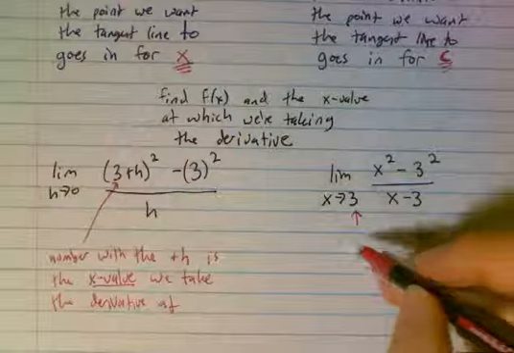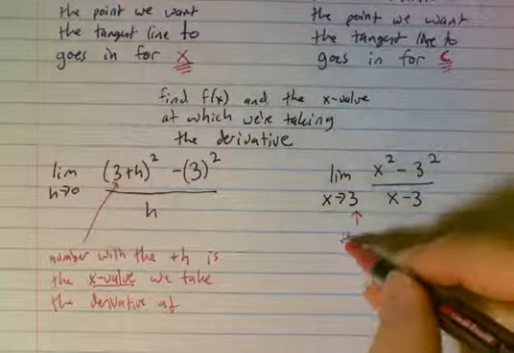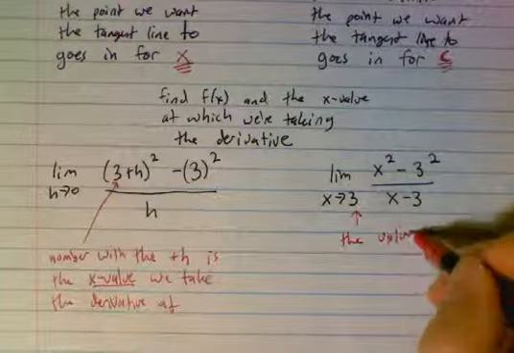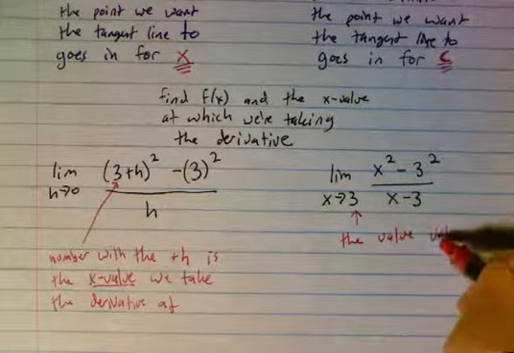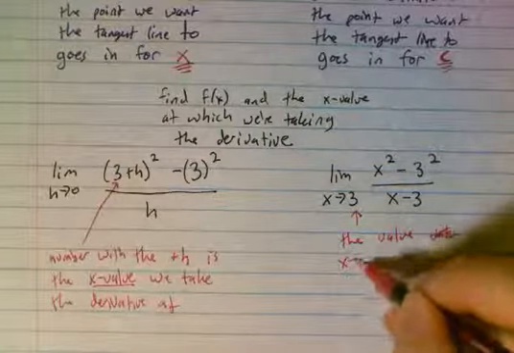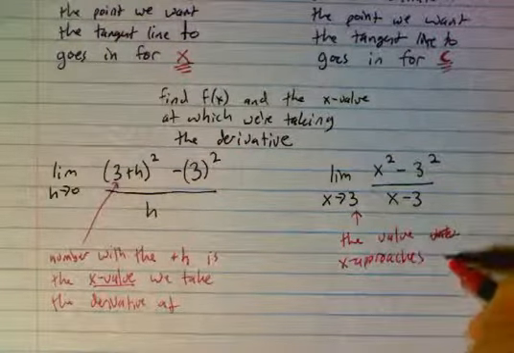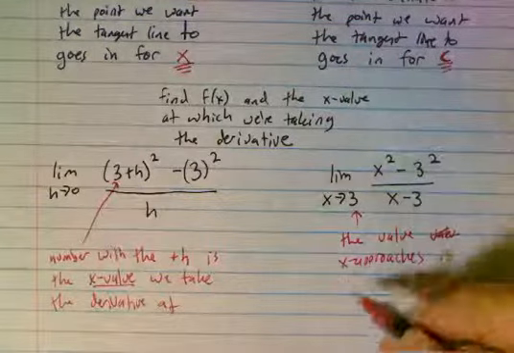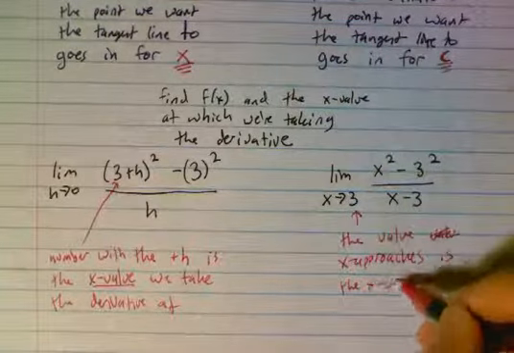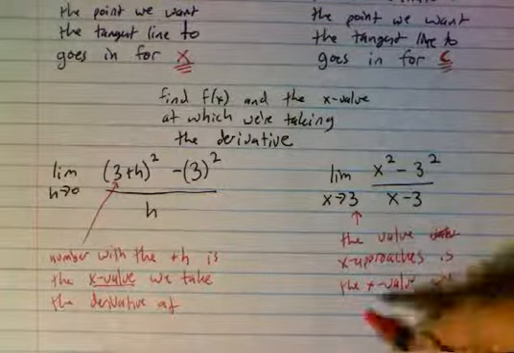On this side, the value x approaches is the x value we take the derivative at.